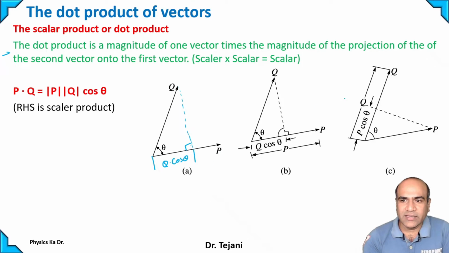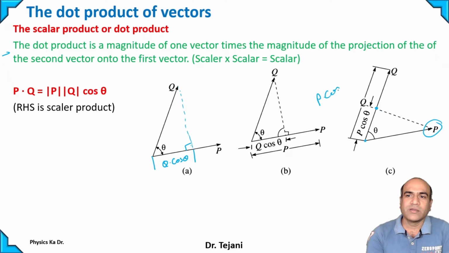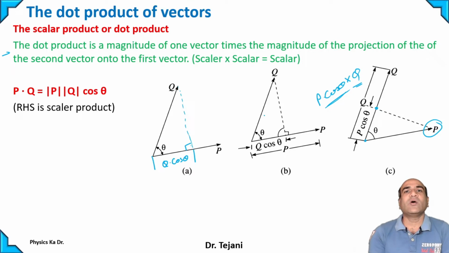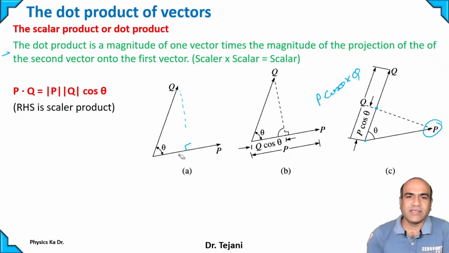Or you can take the opposite side, take the projection of P on Q, so it gives us P cos theta. So it is a multiplication of P cos theta multiplied by Q. In both the cases, we are not taking direction.